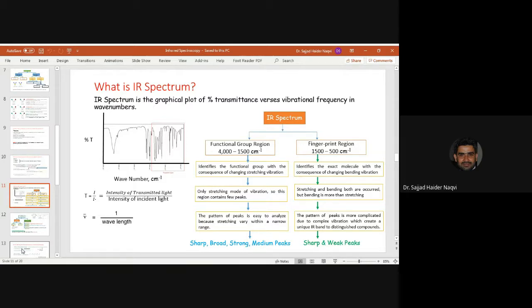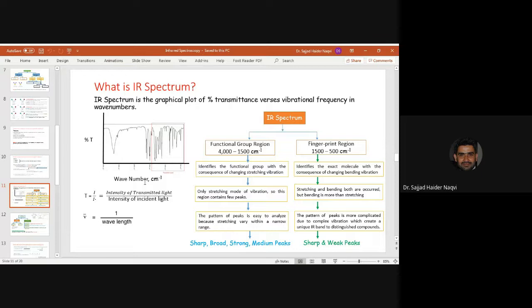And that IR spectrum is actually your tool by which you're going to determine much about the molecule of interest, like what sort of information you actually want about that molecule. So here is the picture of a typical IR spectrum that comes out as a result of the passing of the infrared radiation through the sample.